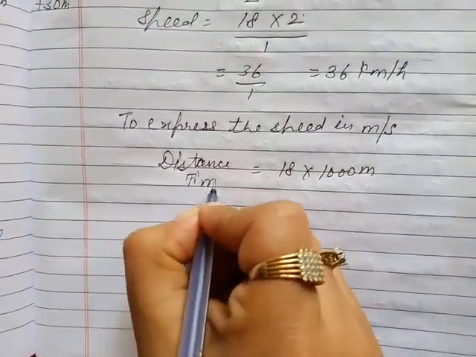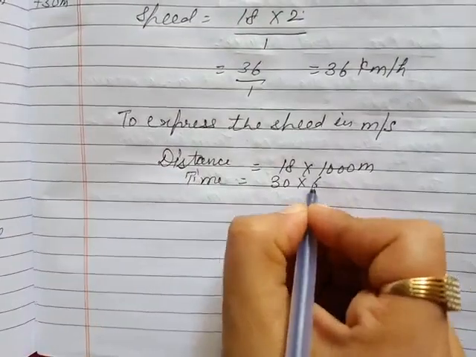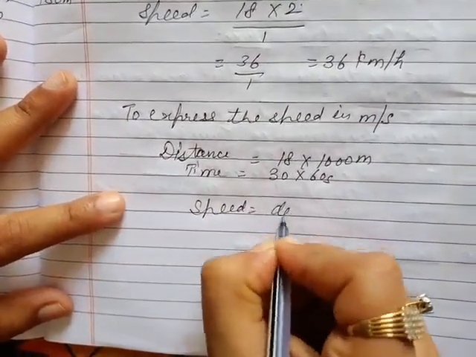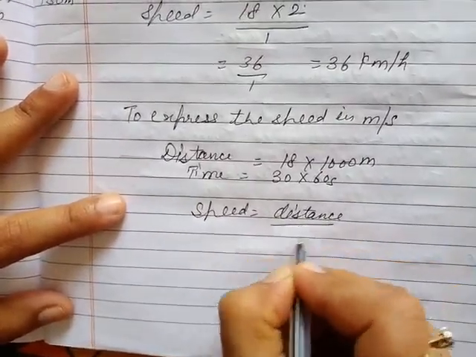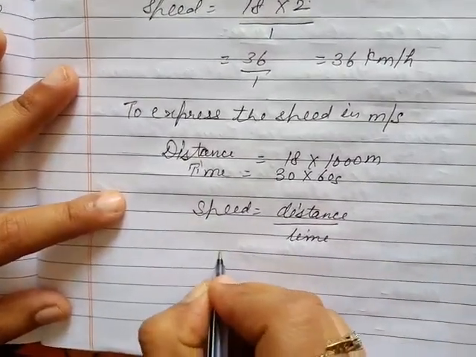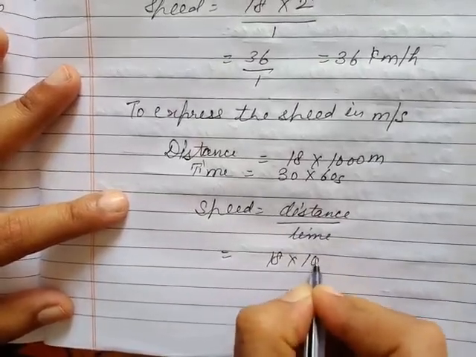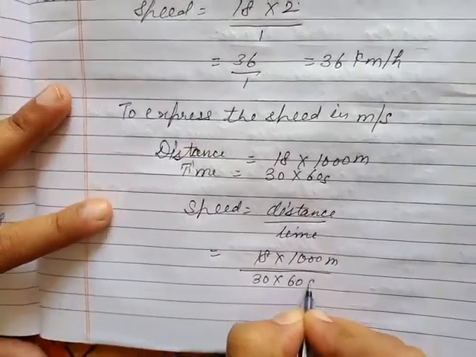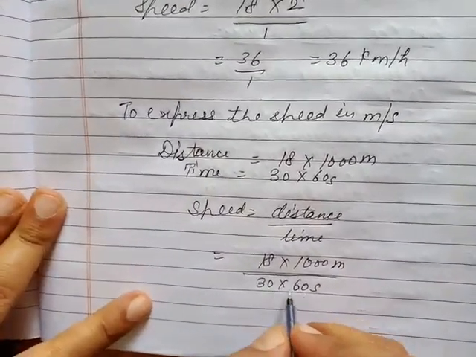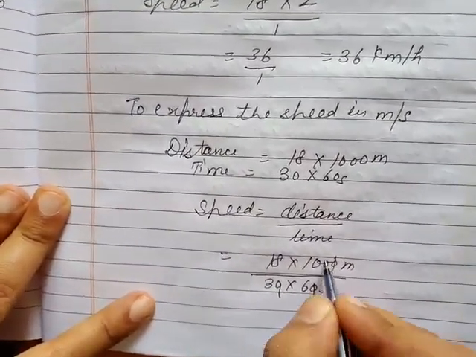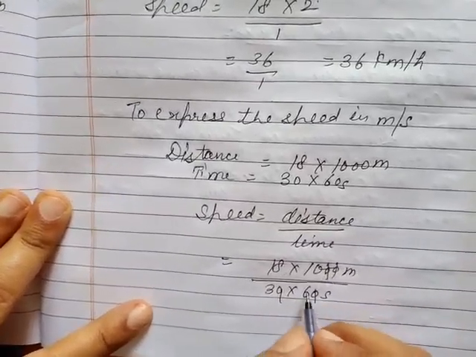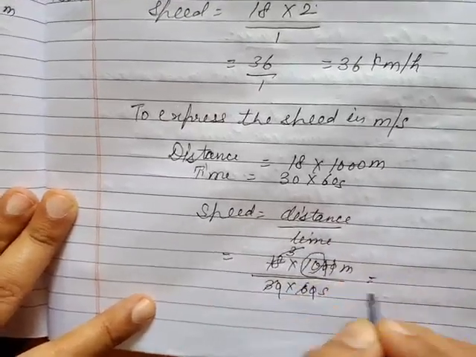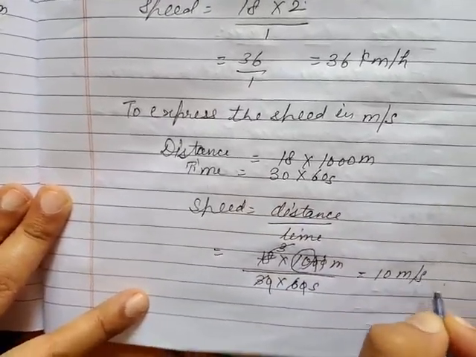Time is equal to 30 multiply 60 seconds. Speed equals distance by time, 18 multiply 1000 meters by 30 into 60 seconds. 0 and 0 cancel, 0 and 0 cancel, 18 10s are 6, 3 6s are 18, 3 and 3 cancel. 10 meters per second. This is your answer.